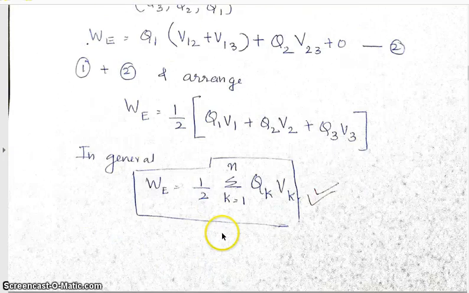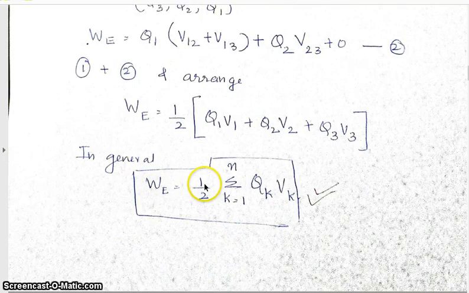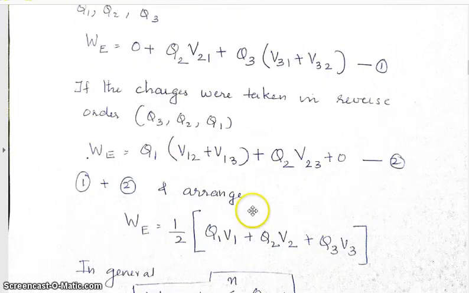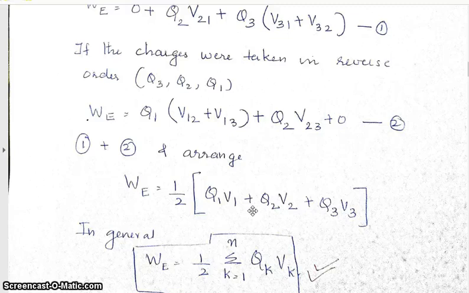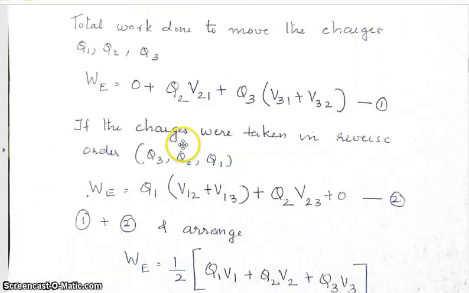So in general you can write WE is equal to half sigma K equal to 1 to N Qk Vk. While writing this expression, we take only the first subscript of V. Here you can see Q2 into V21, so Q2 V2; we will not consider the 1 here.